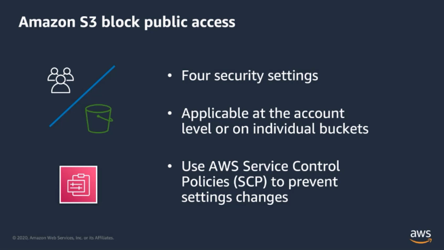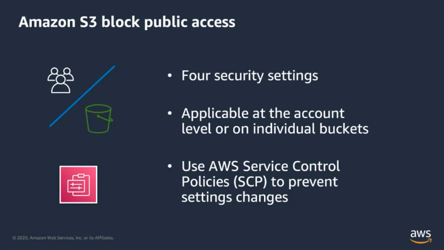Now, if you do have a need to have a bucket or multiple buckets that have public objects, put that bucket or buckets into a separate account, maybe label it with public data or something so that everyone knows that if you put data into this account, there is a possibility that it'll be public. And then all of your other accounts in your organization should have block public access enabled.